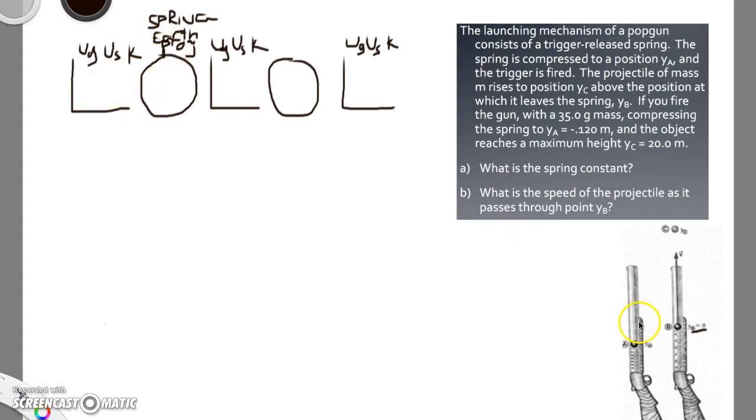So to start at position A, if this is position 0 right there, we have some negative gravitational potential energy because our height is below equilibrium. And then we're going to have some amount of elastic potential energy, let's say 3 boxes.